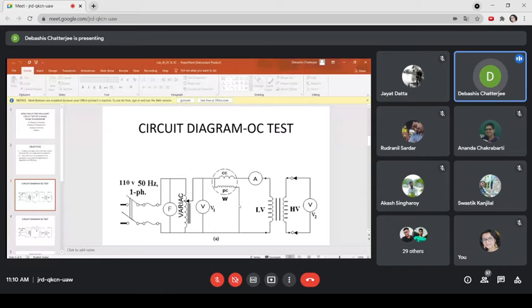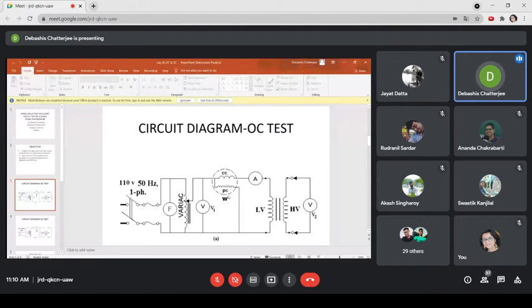And the current coil should face a very low current of 80 milliampere. It is very difficult to find such an instrument, with a very low current coil value and a high voltage value.